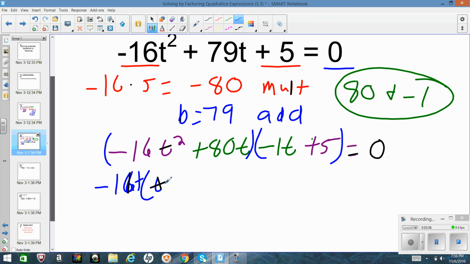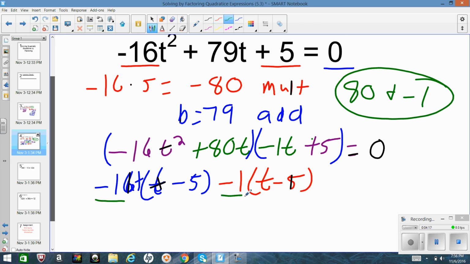And if I take negative 16t away from negative 80, that would give me minus 5. Out of the second two terms, I can take out a negative 1, which would again give me t minus 5.